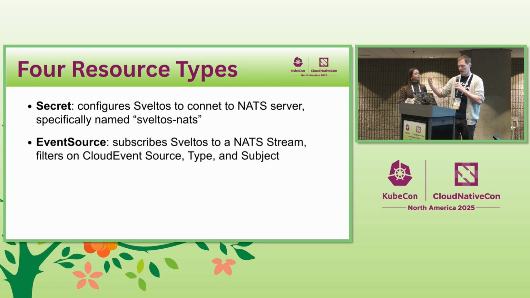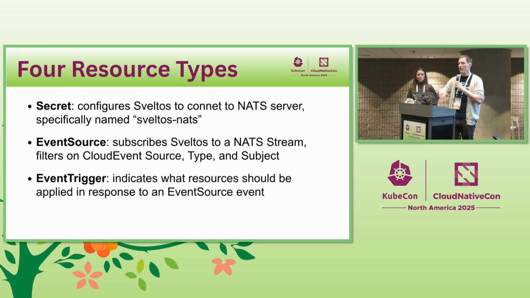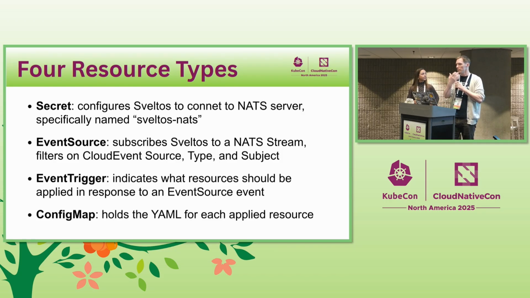It's a Sveltos custom resource, and that's going to tell Sveltos, listen to NATS on this stream with these subjects. Then the event trigger, how Sveltos will respond when an event comes from the event source. And then finally, a config map. That's going to hold the YAML for each resource that needs to be applied.